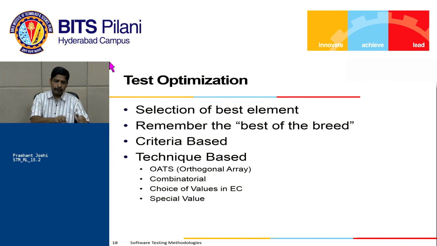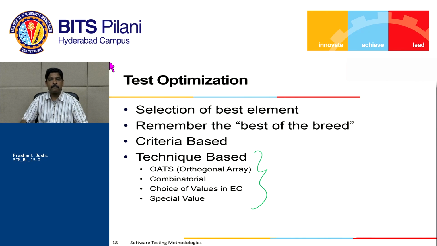The other way of looking at optimization is based on best of the breed, and we look at a criteria that we'll call best of the breed. And we looked at test case criteria best of the breed in very, very initial modules of software test methodologies. And further, optimization would be again based on techniques.